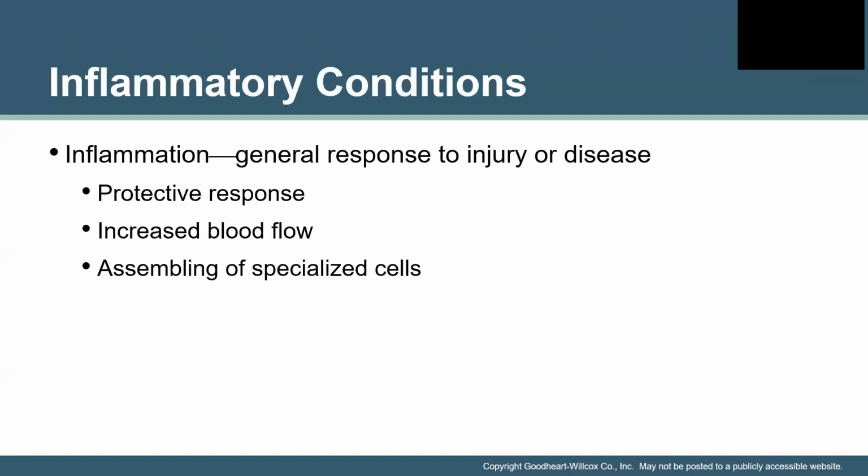Any inflammatory condition, inflammation, I believe I've said it before, is a healing process of the body, and it's a function of your immune system, and it is highly required for it to work appropriately. Sometimes it gets a little out of control. We need to modulate it. It is your body's general response to any injury or disease. When we have inflammation, you will have an increased blood flow.